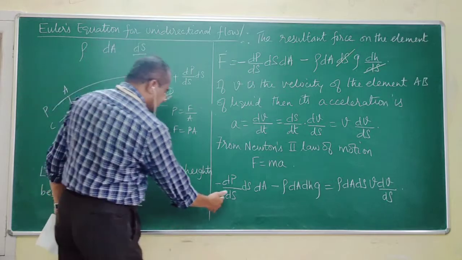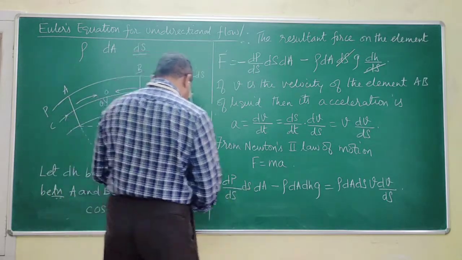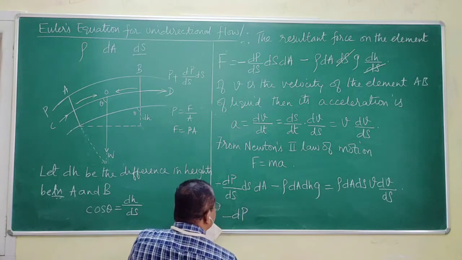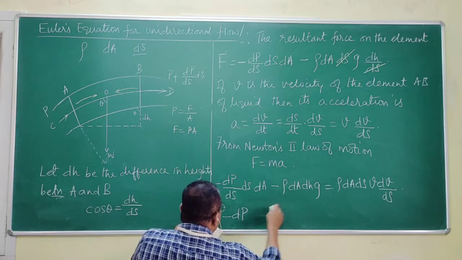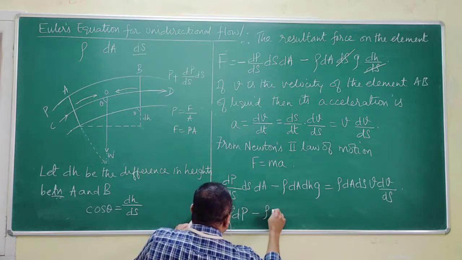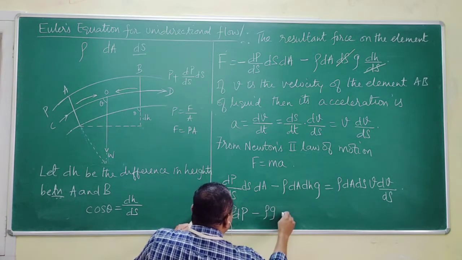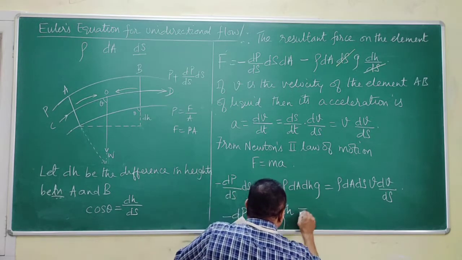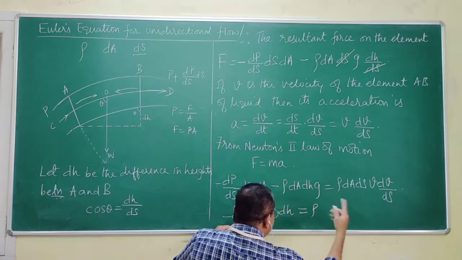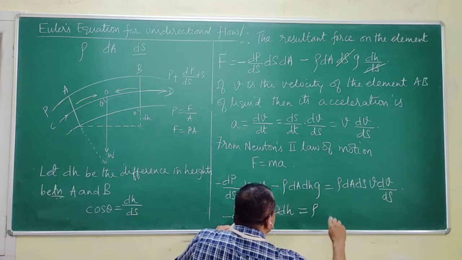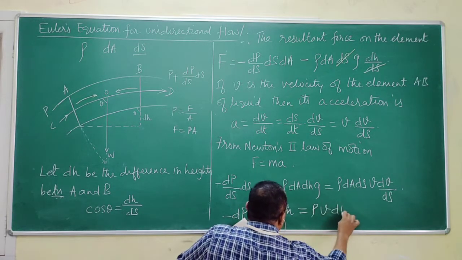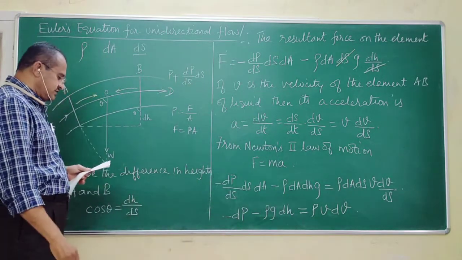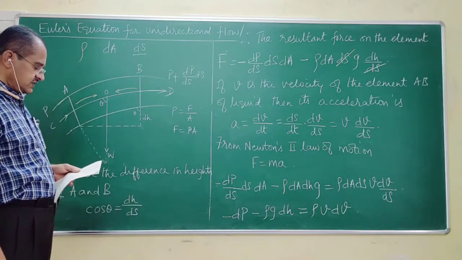Then this ds, if it vanishes, I am ending up with a minus dp, minus rho g into dh, am I right, is equal to rho, dA has already gone, ds will go off to give me v dv. Is that okay to you, sir?